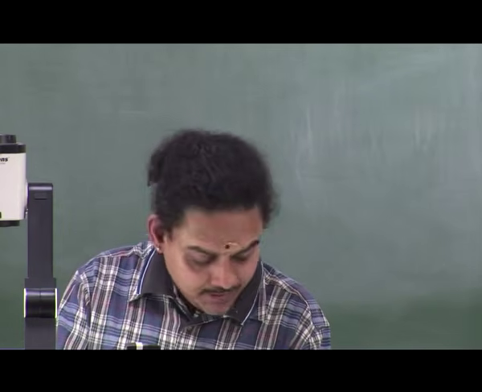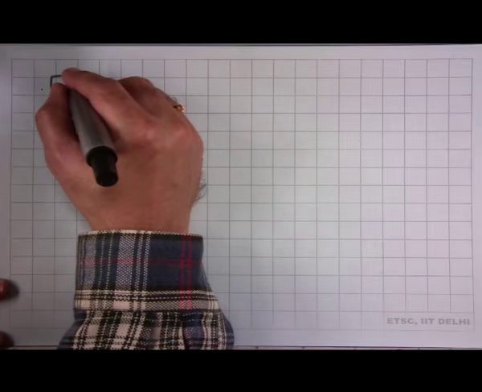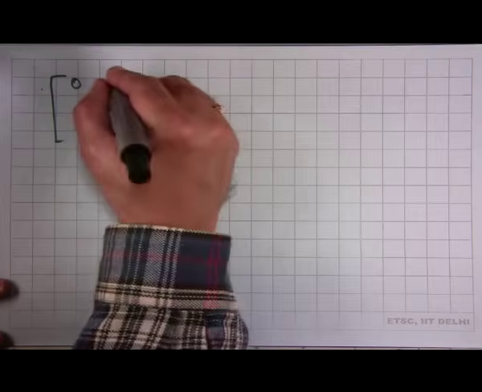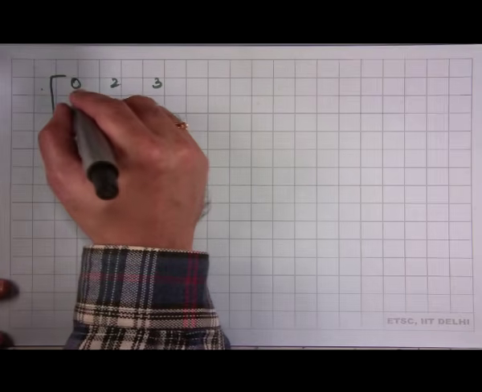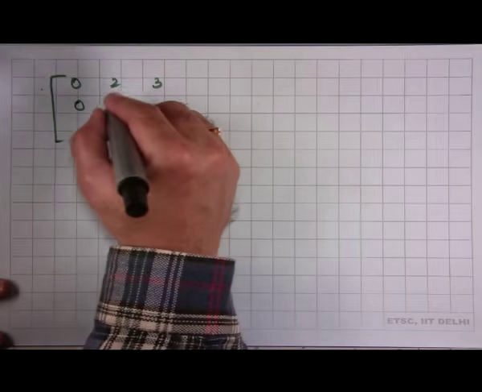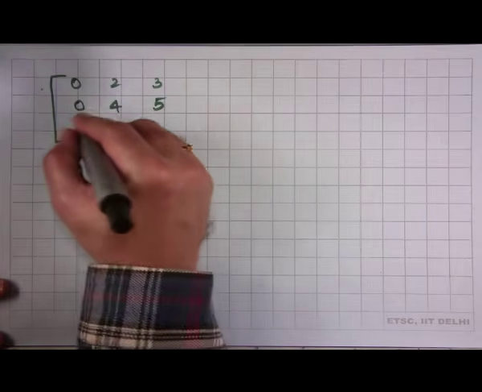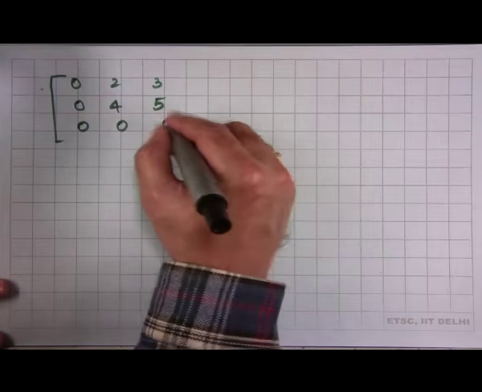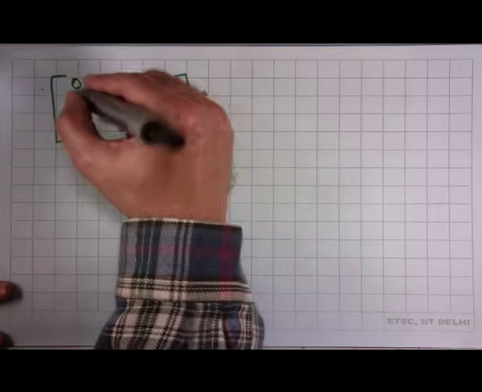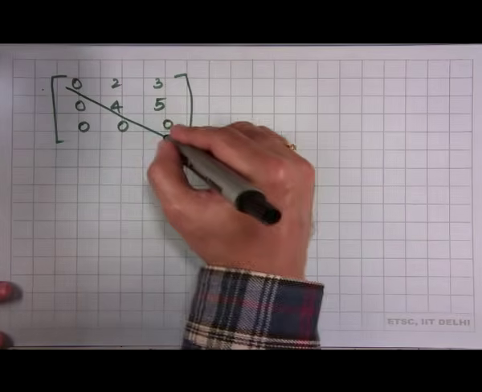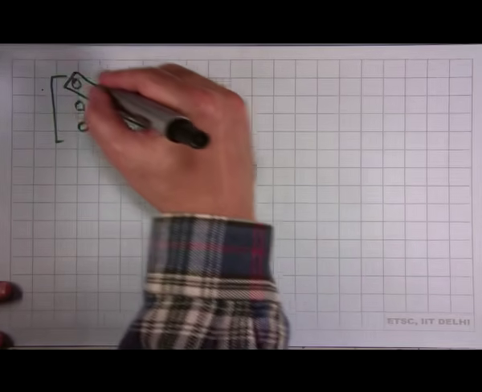So, let us look at the second example. 0, 2, 3, 0, 4, 5, 0, 0, 0. Let us first mark the diagonal entries.